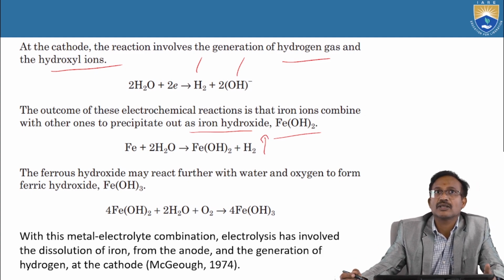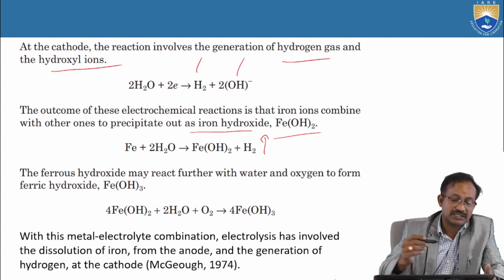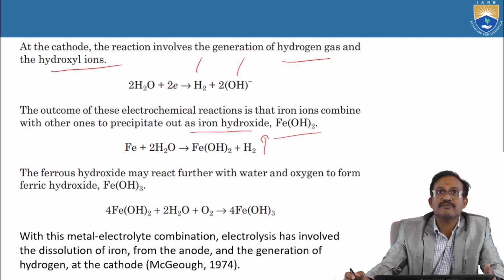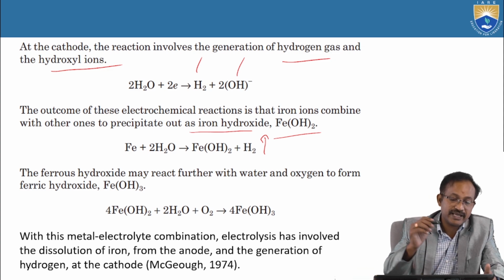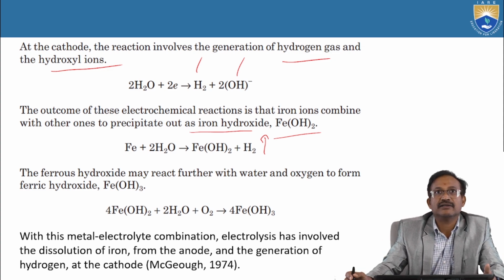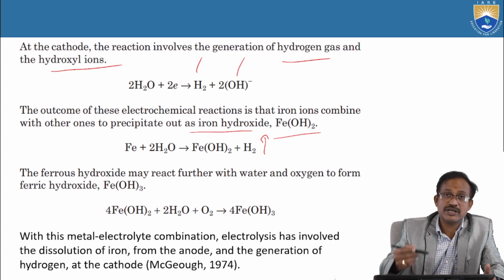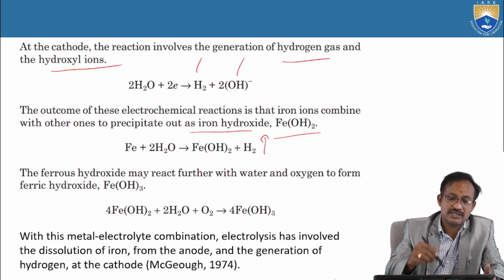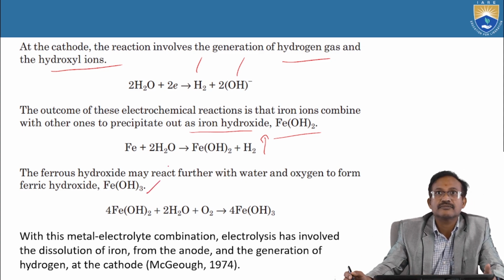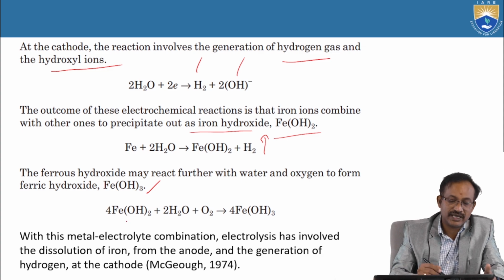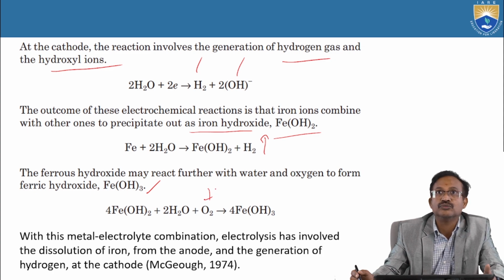Next, the ferrous hydroxide may react further with water and oxygen to form ferric hydroxide. Fe(OH)2 will become Fe(OH)3 here. Look here, Fe(OH)2 plus water again reacts with oxygen O2.